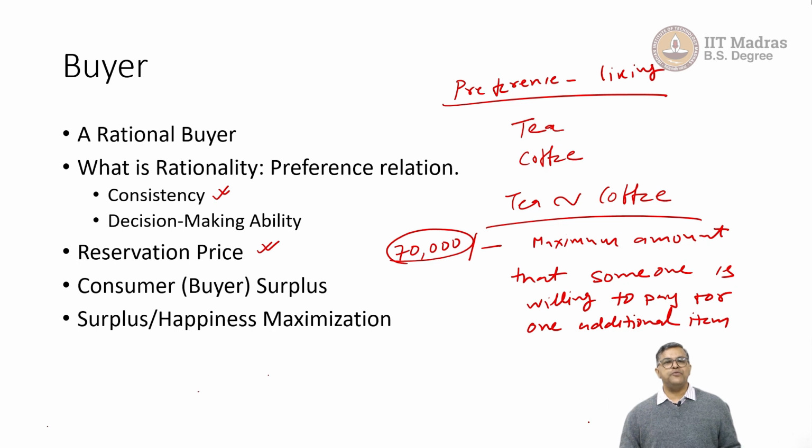Then will you be willing to pay the same for the second mango? Perhaps not, your willingness to pay would be lower for the subsequent mangoes. So, reservation price is not fixed, it is the maximum someone is willing to pay for one additional item. Further, we assume that this reservation price is fixed for a person, it does not change.